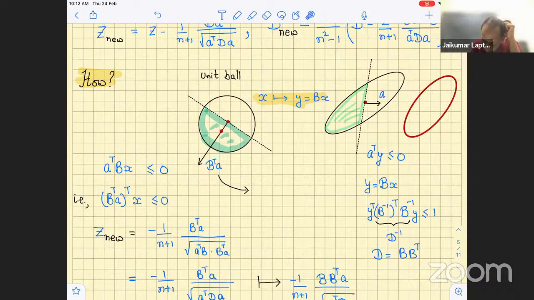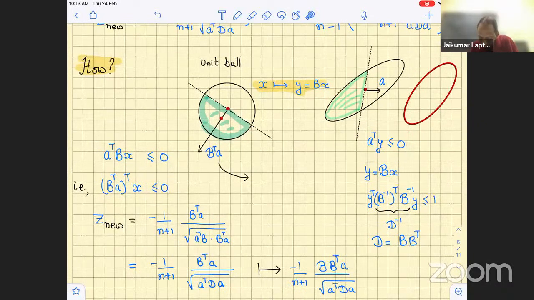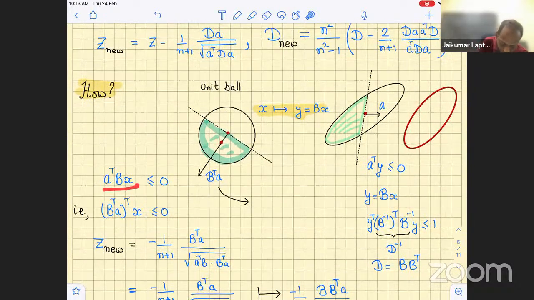So if this ellipse corresponds to this ball, what does this hyperplane correspond to? Let us ask: A transpose Y is less than or equal to 0. Let us write it in terms of x, so Y is Bx. A transpose Y was less than or equal to 0, but Y is Bx, so A transpose Bx is less than or equal to 0.